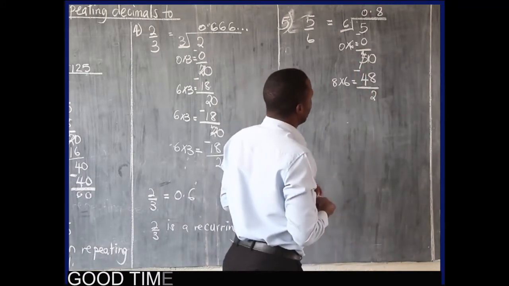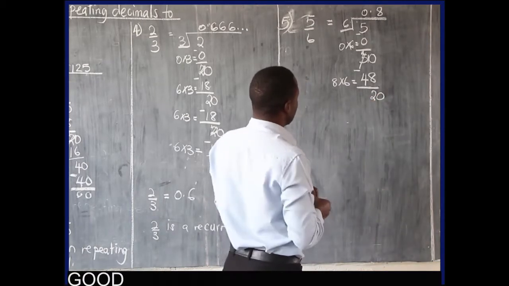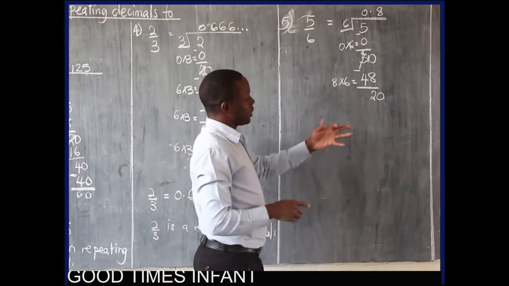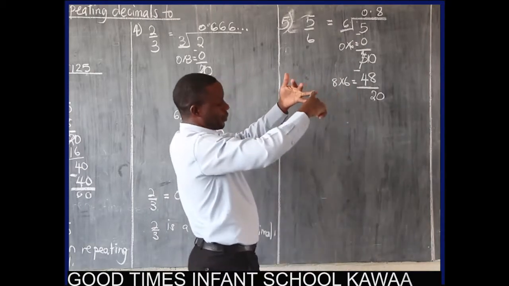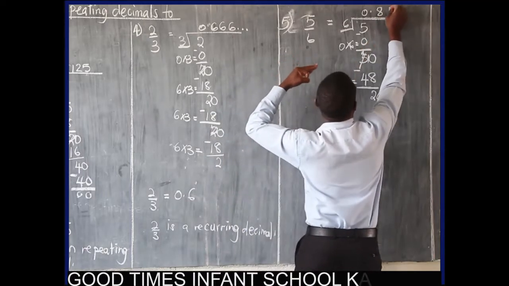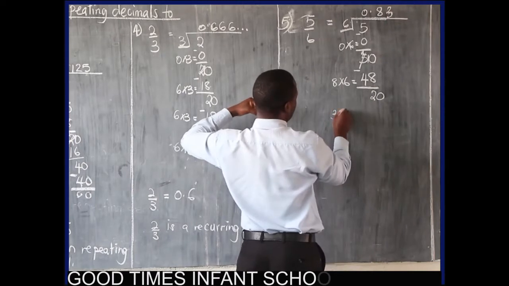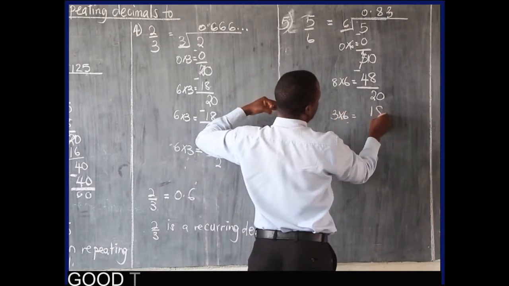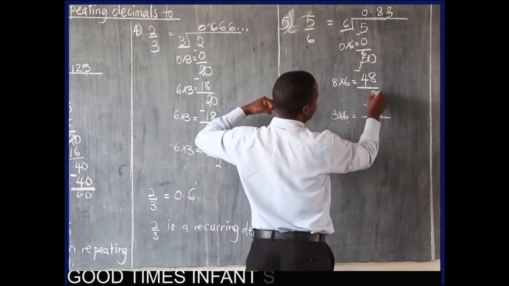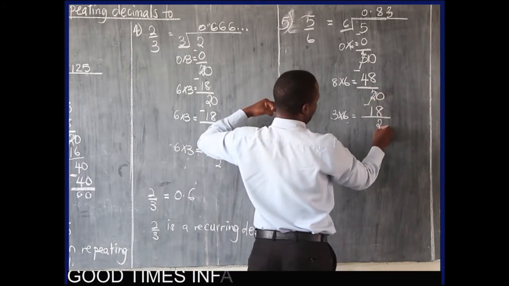Now I put a 0 here. When I put a 0, it becomes 20. Now how many 6s are in 20? 6, 12, 18. I will have 3 6s, which is 3 times 6, giving me 18. When I subtract, I will get 2.